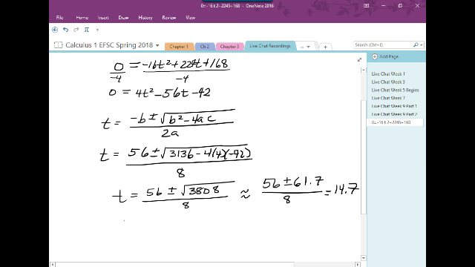And then let me see what they're looking for actually on this one. Yeah, just one value.